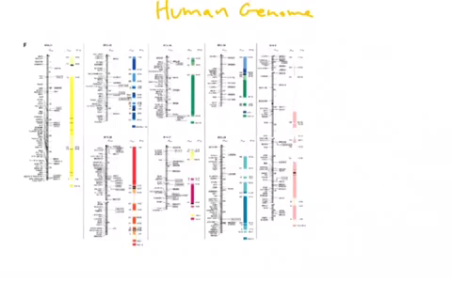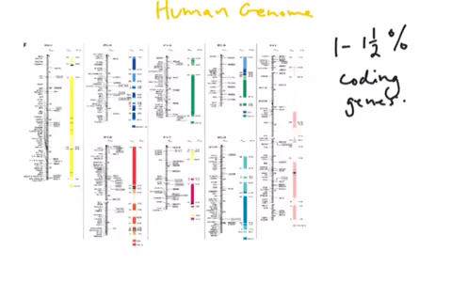What's interesting about the human genome is that it's thought, or it's been discovered, that perhaps only 1 to maybe 1.5% of the genes code for proteins. So about 1 to 1.5% are coding genes, which is extraordinary.